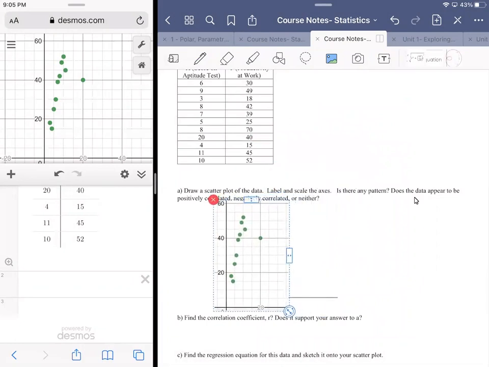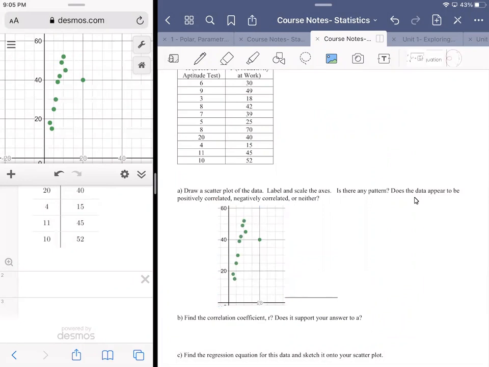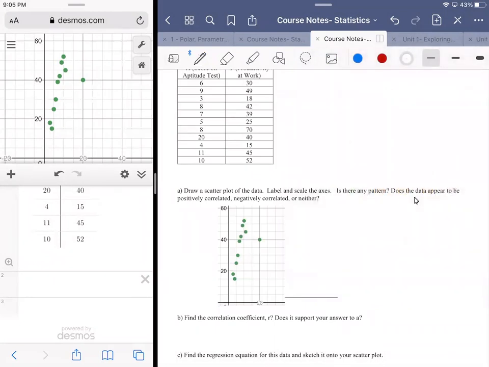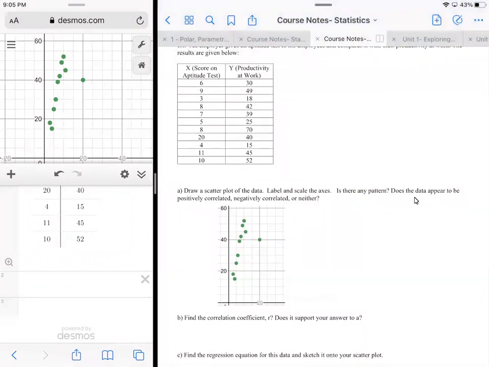Honestly, it looks better than anything I could produce anyway, so. Make this a little thicker. I'll get rid of this straight line here. Yeah, look at that. All right, so that's what the scatter plot looks like.